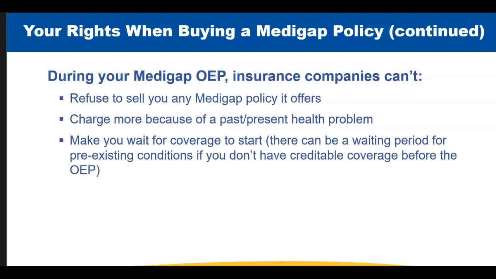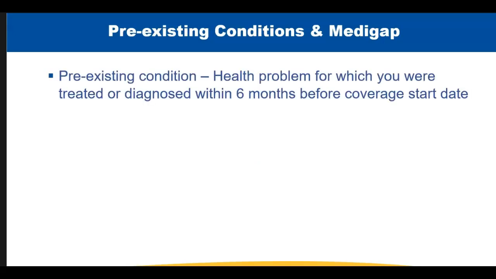So if you have a pre-existing condition before you start with your Medigap in the 6 months before, and you don't have any other creditable coverage, the Medigap plan can set aside and exclude covering those particular conditions for 6 months. And obviously, you can see that could be a significant problem because you may be getting the policy because of the health condition, but it's not going to cover it for the first 6 months. Those have to be ones that you were treated or diagnosed.